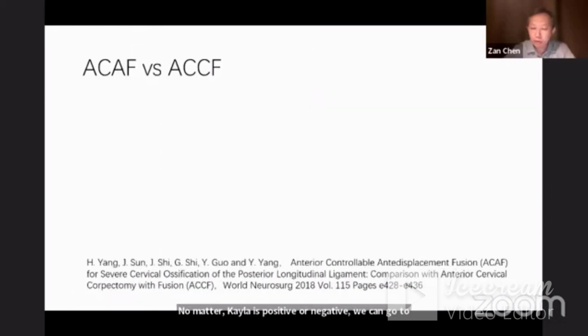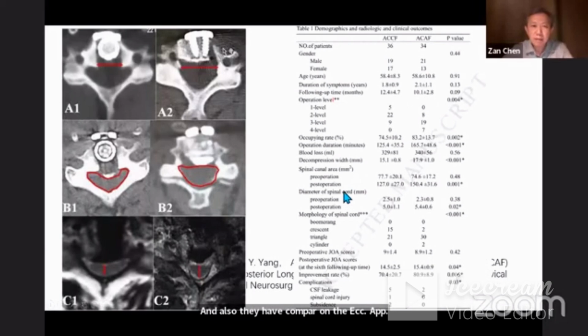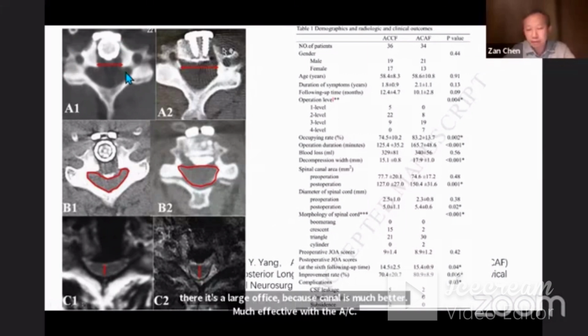They also compared ACAF and ACCF, and found that the enlargement of the cervical spinal canal is much more effective with ACAF than with ACCF.